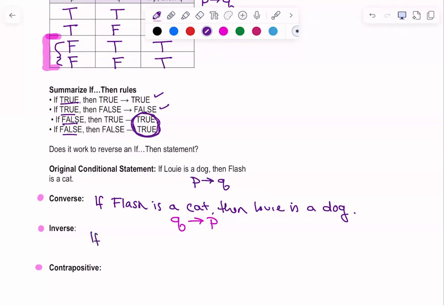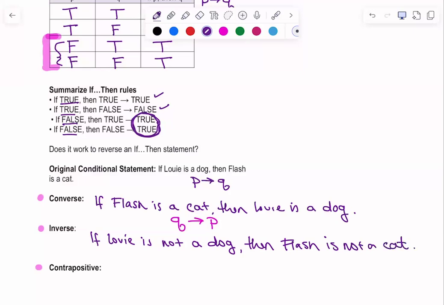Now the inverse says, if Louis is not a dog, then Flash is not a cat.